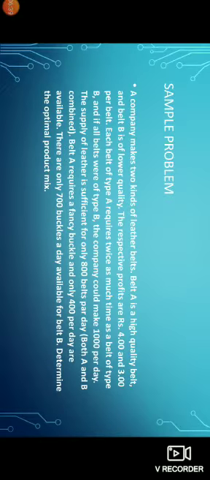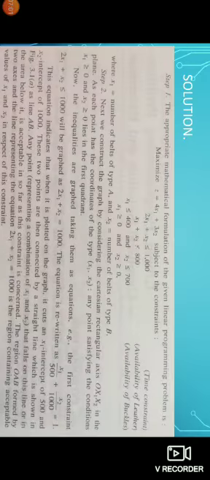Here, if all the belts were of type B, the company could make 1000 per day, and 800 belts per day, both A and B. That's why x1 plus x2 less than or equal to 800. This is the availability of belts.